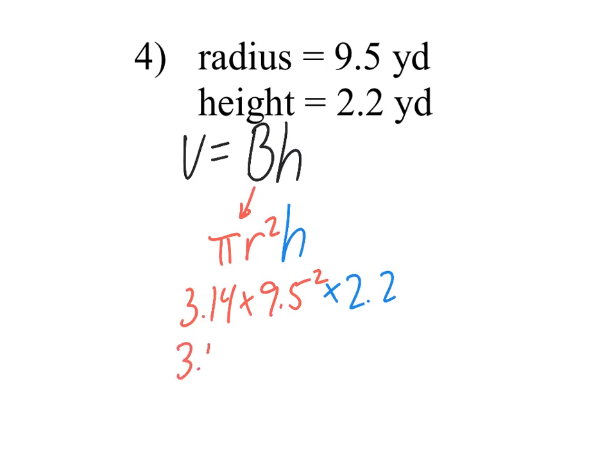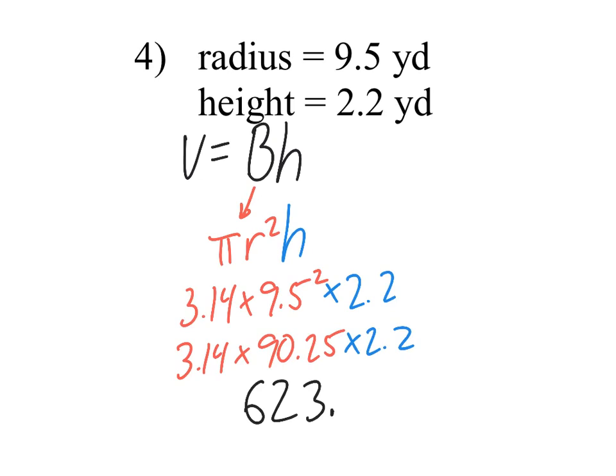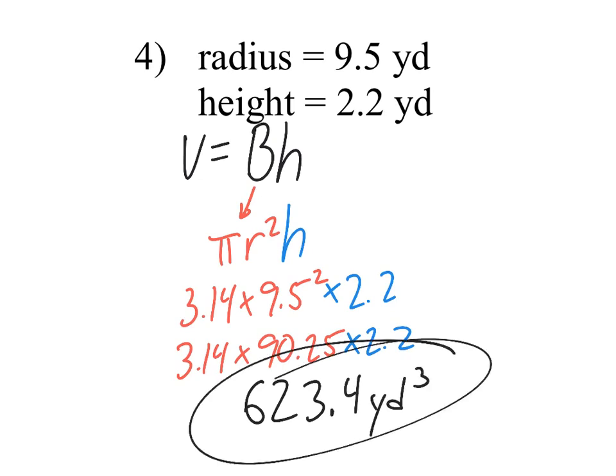So 3.14 times 90.25, and again times that 2.2. And from here we can just do the 3.14 times the 90.25 times the 2.2. We get a total value of 623.4, I'm going to round a little bit, and that'll be yards cubed.